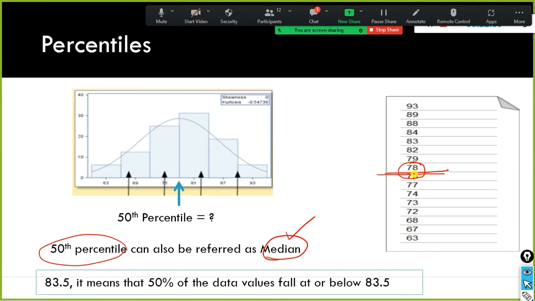Since the total number of samples is 16, you need to take the two middle values and divide by 2. So here the value is 78. It means that 50% of the data values fall at or below 78, which means 50% of the students scored 78 or less than 78. We can say it that way.